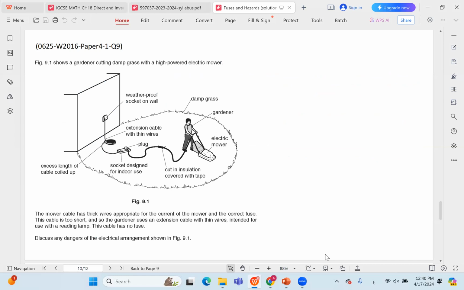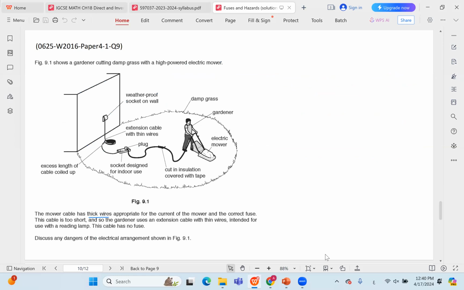This is a similar question. Again, you are given a scenario, you're given more labels here, and you are asked to discuss the dangers of the electrical arrangement. You're also given that the mower cable has thick wires. So thick wires means that they can withstand high current, and the correct fuse.